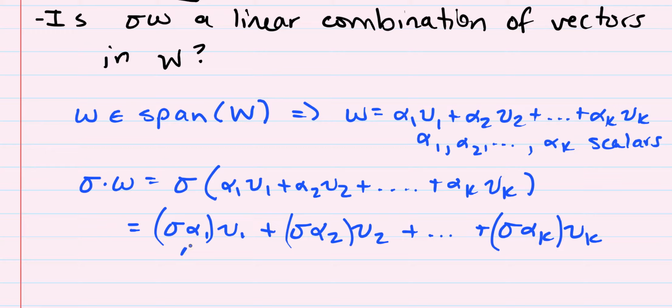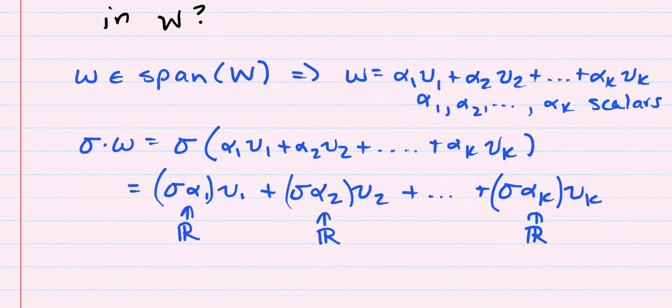And notice that each one of these is a real number. And now we have all of the vectors in W, and they're being multiplied by scalars in the real numbers. So this is a linear combination of vectors in W. So that implies sigma times W belongs to the span of capital W.